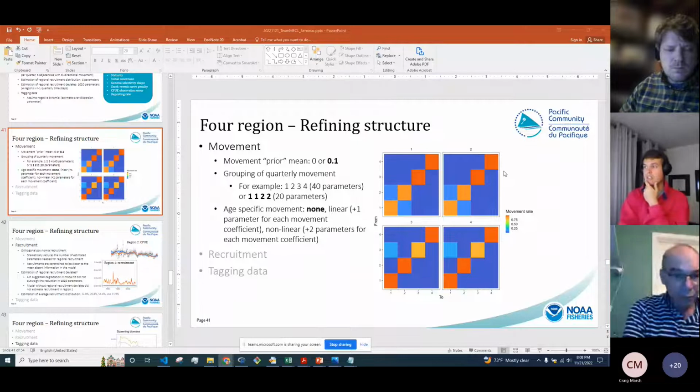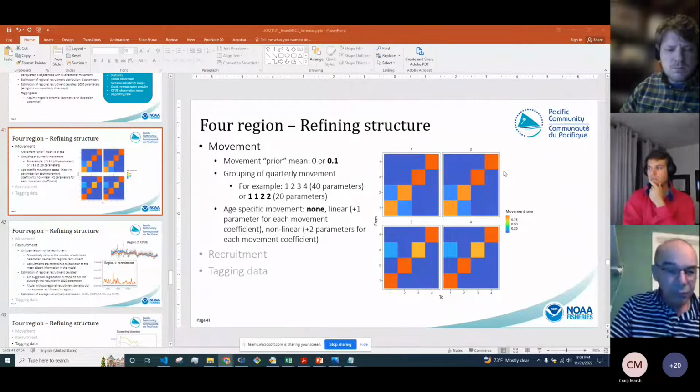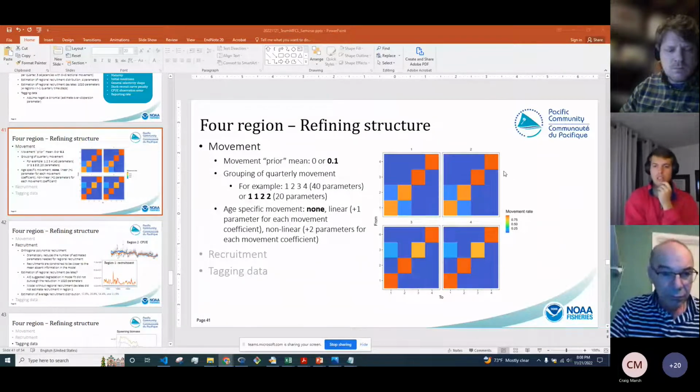And something that we were actually discussing today is what is driving these estimates of movement, whether it's the tagging data, the length composition data, or the CPUE. That was one of the things on our wish list, a better diagnostic of that.